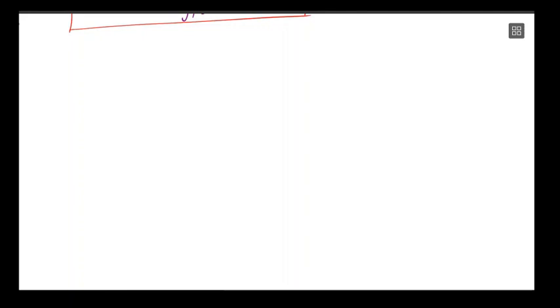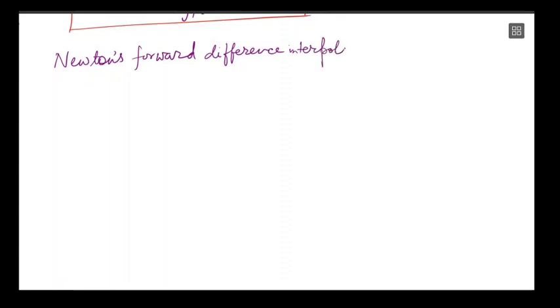Now for equally spaced points, we will learn Newton's forward difference interpolation formula, or sometimes it is called Newton's forward interpolation formula.